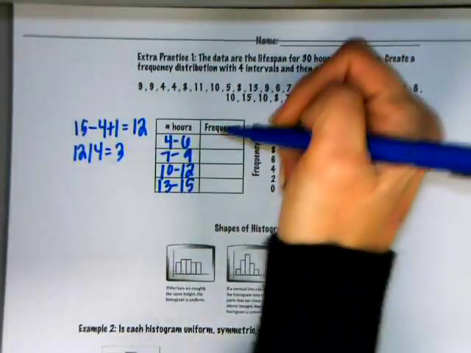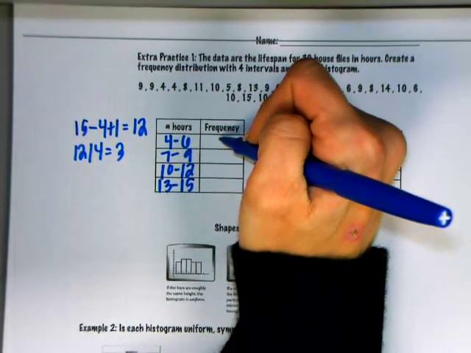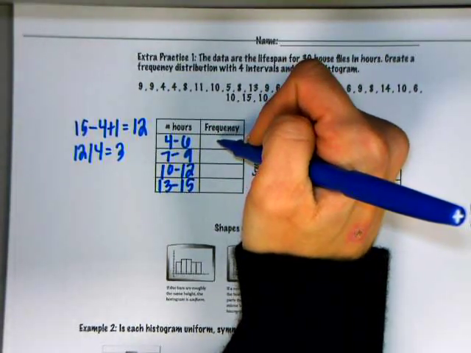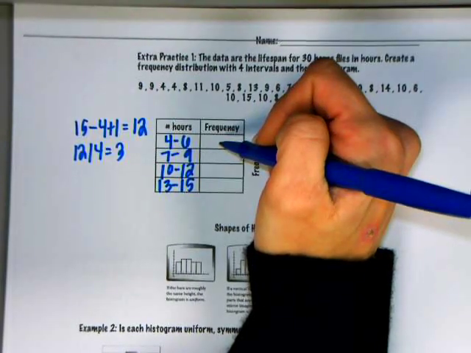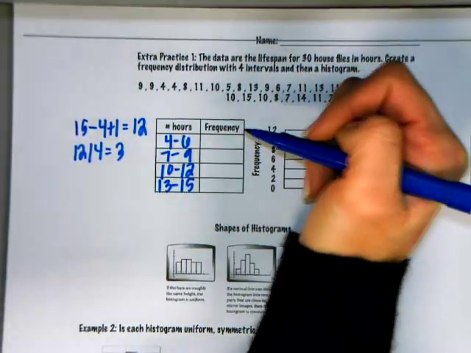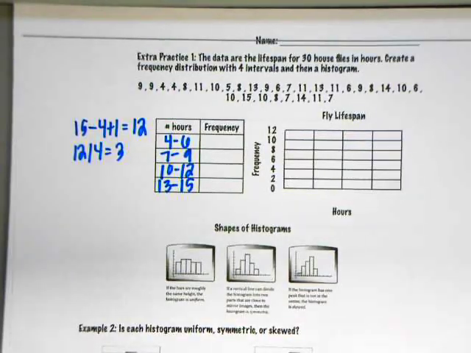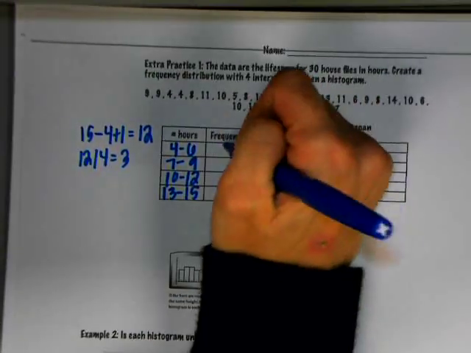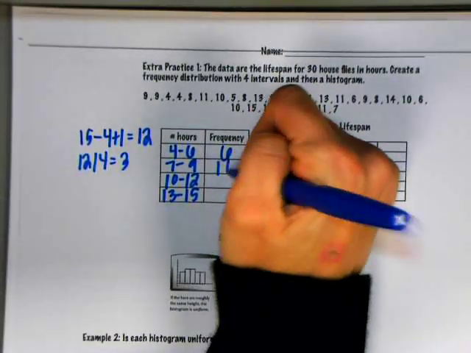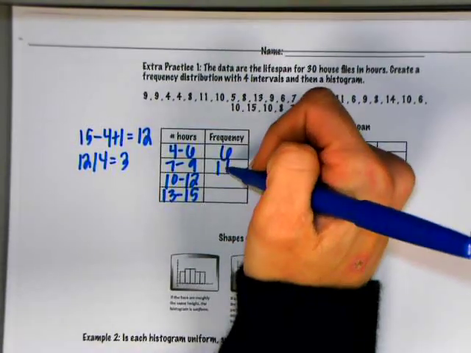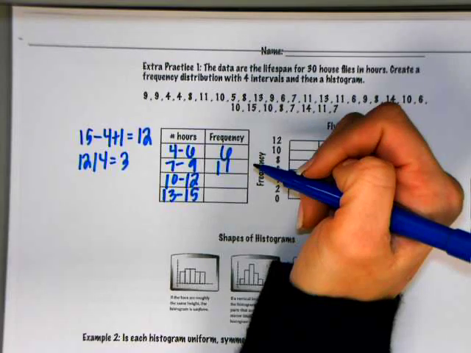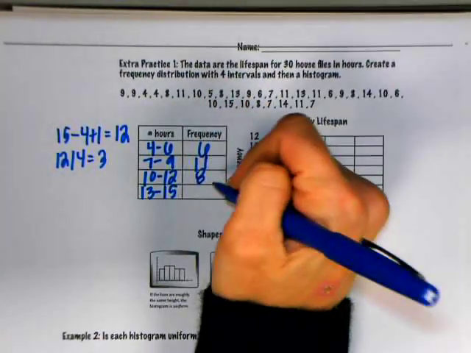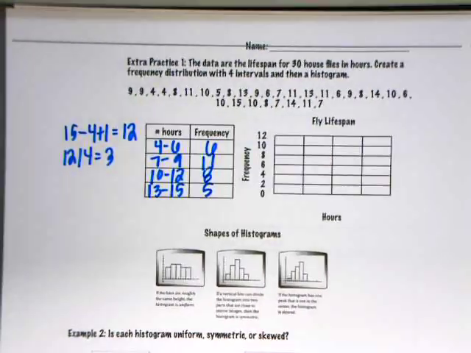Okay, and then what do you guys get for frequency? Let's see. I think it's at the end of the notes. Yeah, 6. 6, then what? 11? Huh? 9? 8, yeah. 8, and then what? 5, yeah.